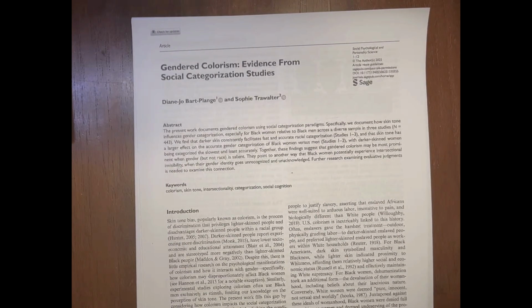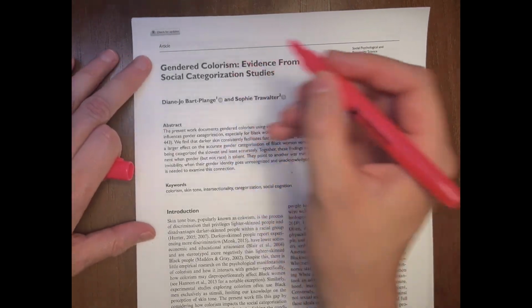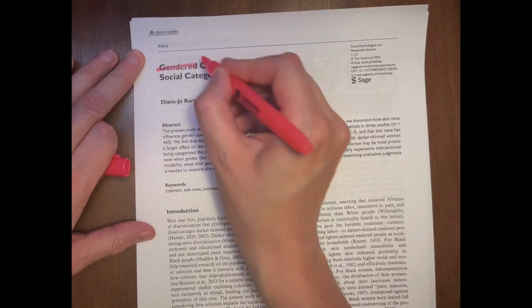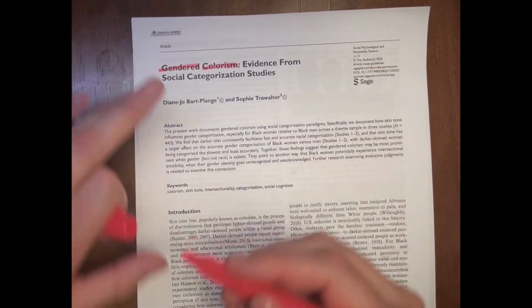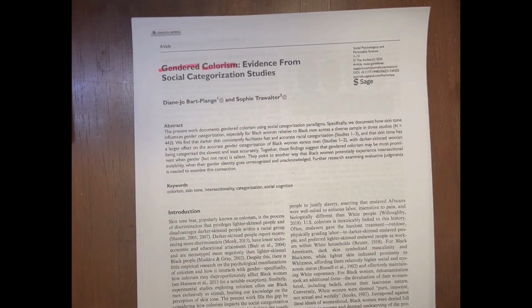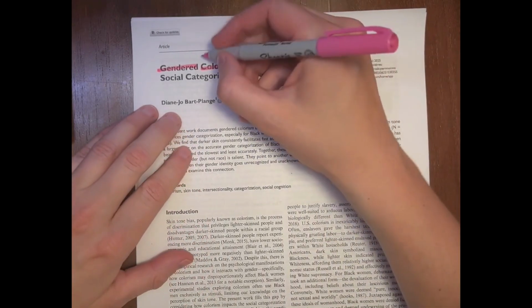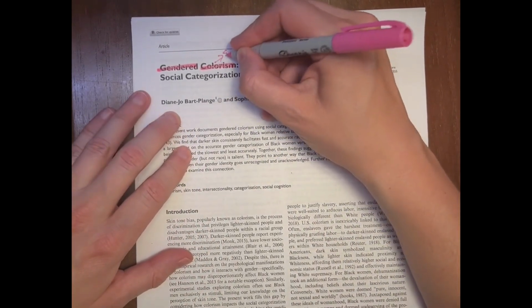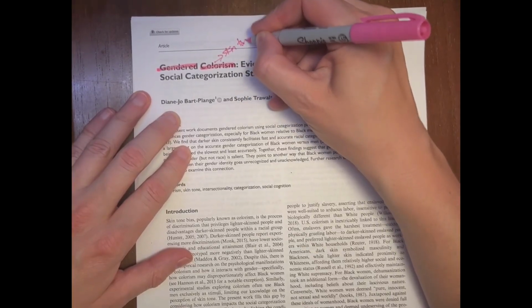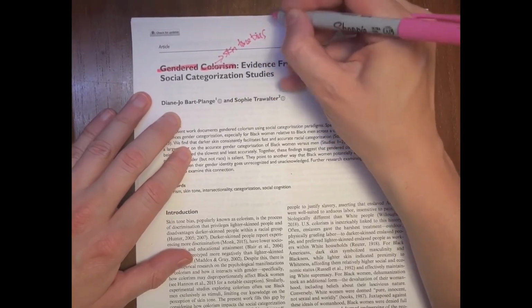So let's start with the title. We have "Gendered Colorism: Evidence from Social Categorization Studies." So gendered colorism, that sounds like something about the main claim. We've got gender as a variable, we've got colorism as a variable. I'm just going to make a note to myself that colorism is about skin tone bias in general, and gender.